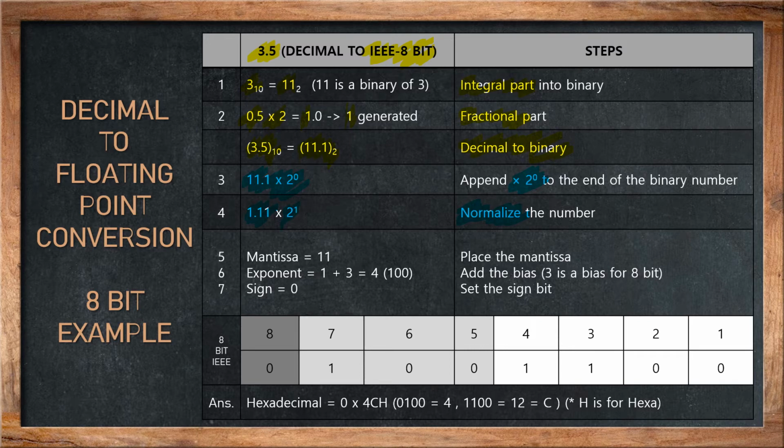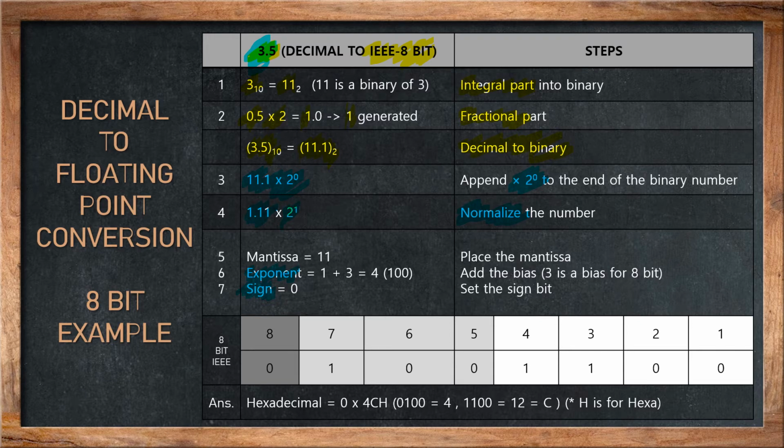After getting the normalized number, identify all the parts of the format. First I got the sign 0. Why 0? Because my original number is positive, so 0 is the sign bit. Then the exponent.